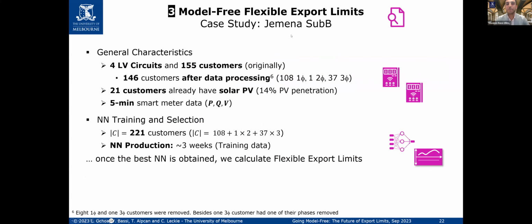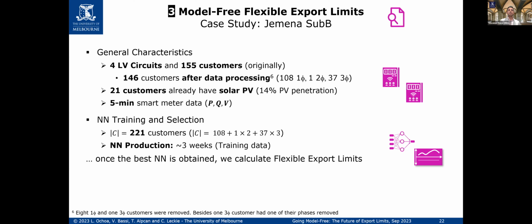All right, perfect. So the case study that we chose today is a low voltage network. As Nando mentioned, these low voltage networks are Australian type, so they are three-phase low voltage networks at 230 volts line to neutral. The low voltage network that we use for this case study, we call it Gemena Substation B, which is the largest low voltage network that we assess throughout this project.